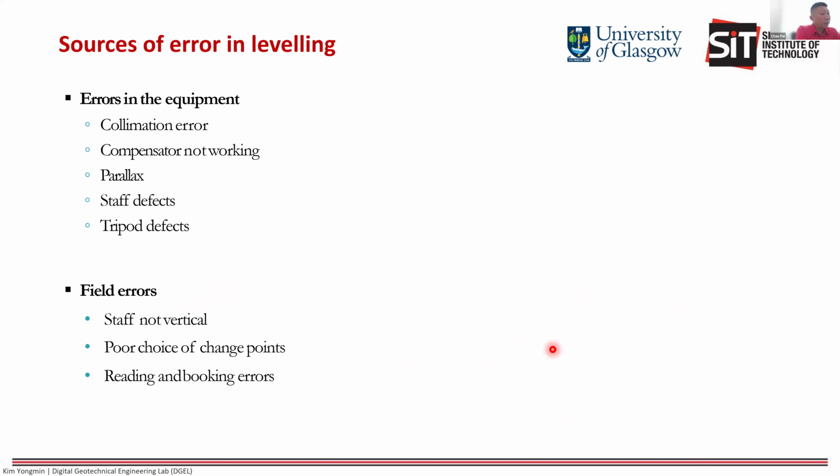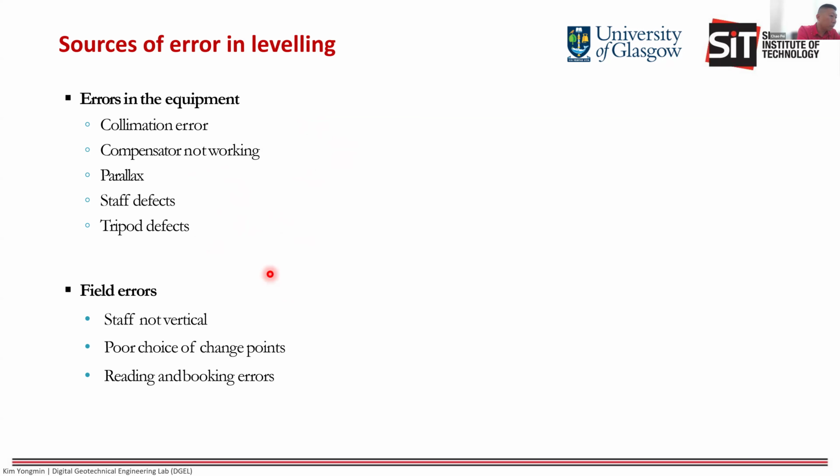The sources of errors in leveling can come from the equipment, meaning the instrument, or from the field. Errors in the instrument are usually the collimation error, meaning it's not purely horizontal, or the compensator doesn't work, or some parallax, or the staff has some defect so the reading is not accurate, or the tripod may have defects that affect the instrument.